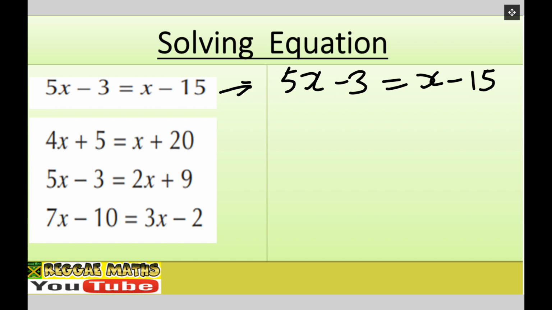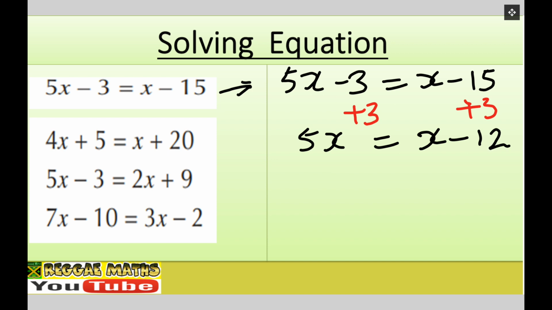You can choose to get rid of one, but I do this in stages. So I'm going to get rid of the number first. If I add 3 to both sides, I get rid of this minus 3. So the next step I end up with is 5x equals x minus 12.